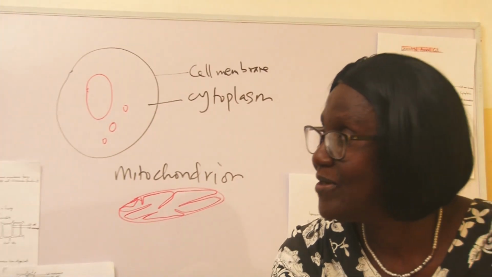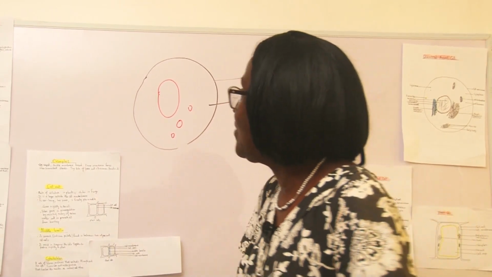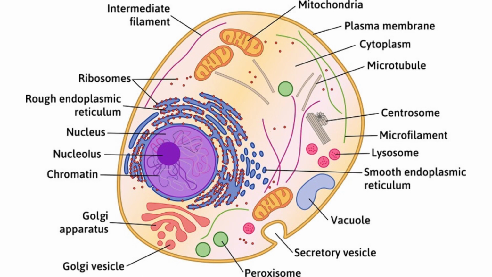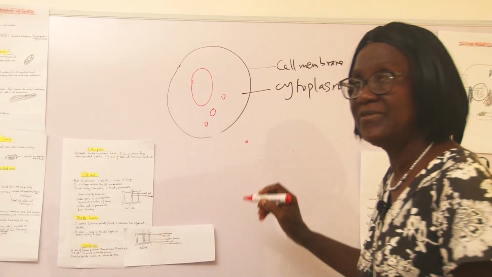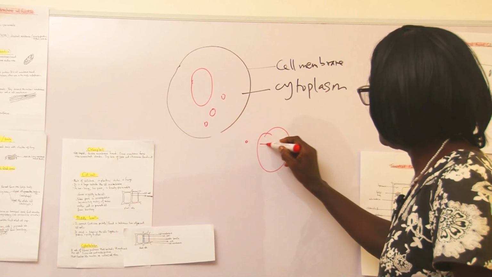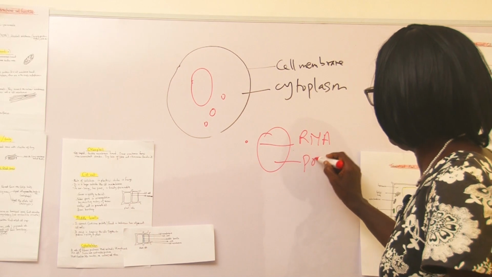Now let's quickly look at another structure. And this time we look at ribosome. All right? The ribosomes are very tiny structures. They are not membrane bound. The whole structure is made up of two things: RNA and protein.